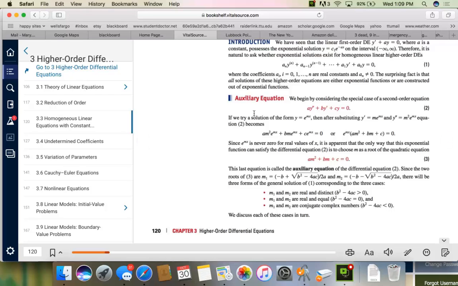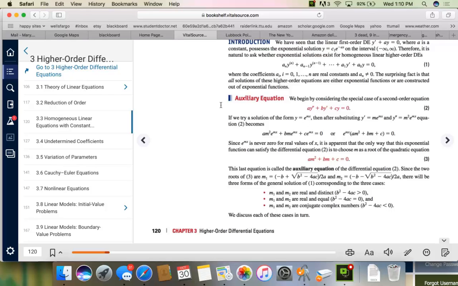There are some theorems that we won't really prove in this class that basically say if you have a higher order differential equation with constant coefficients that is homogeneous, the solutions are all exponential functions or some sort of exponential function combined with polynomials. Because of that, we can make this assumption that we have this solution y is equal to e to the mx, and we'll figure out what m is later.